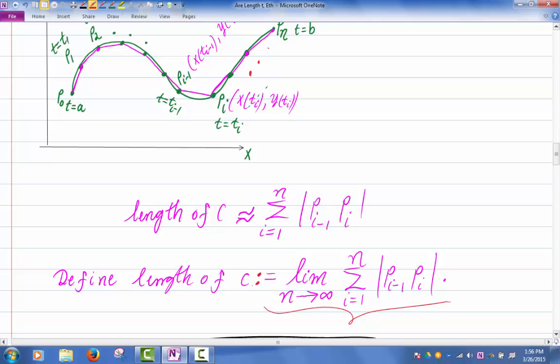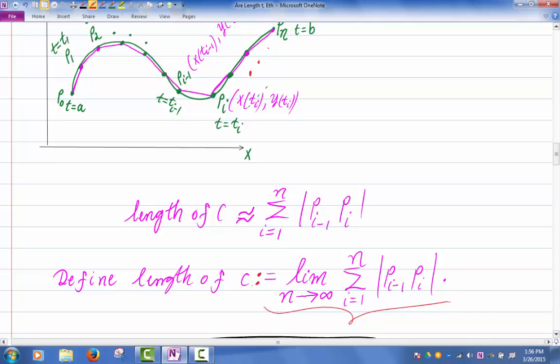The next thing that I want to do then is compute the limit now. I want to show that the limit is equal to whatever formula the physicist arrived at. Is everybody clear how we are defining the length?